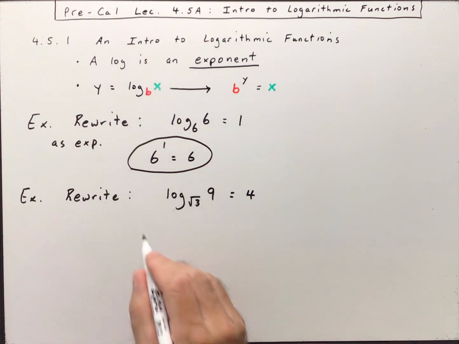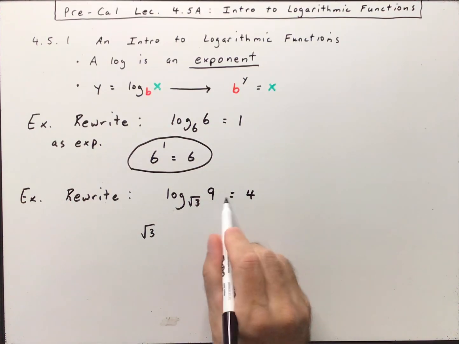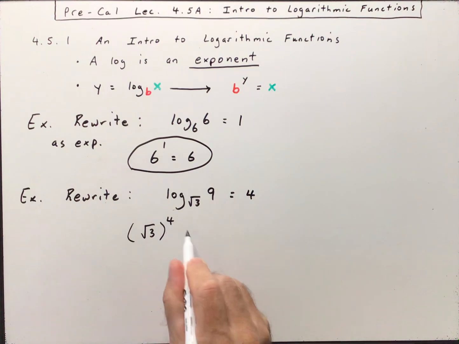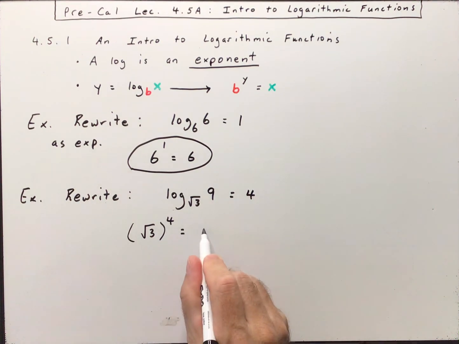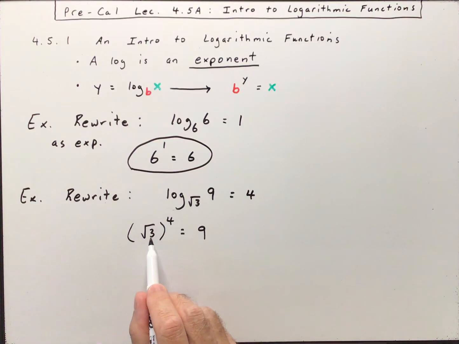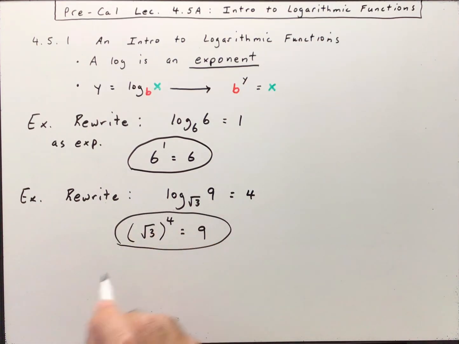Well, the base is the square root of 3. The exponent is the one that's all by itself. So root 3 to the 4th power is equal to 9. And you can check, is this true? Square root of 3 times the square root of 3 is 3. Times the square root of 3 times the square root of 3, another 3. 3 times 3 is 9. So that works.